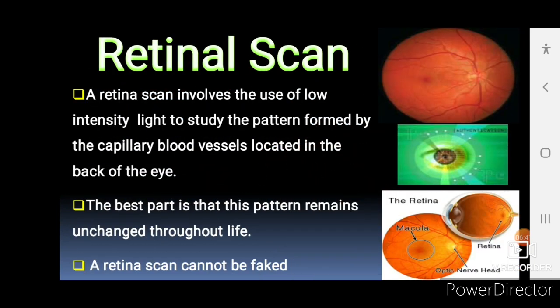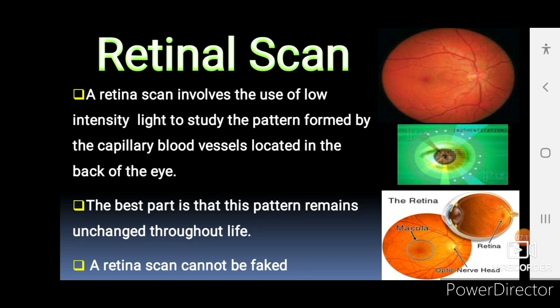Retinal scan. A retina scan involves the use of low intensity light to study the pattern formed by the capillary blood vessels located in the back of the eye. The best part of this is that the pattern remains unchanged throughout life.